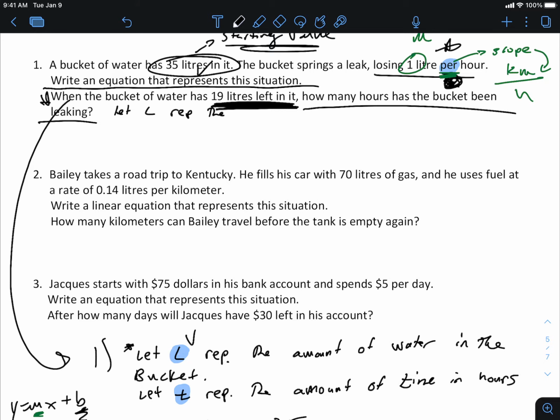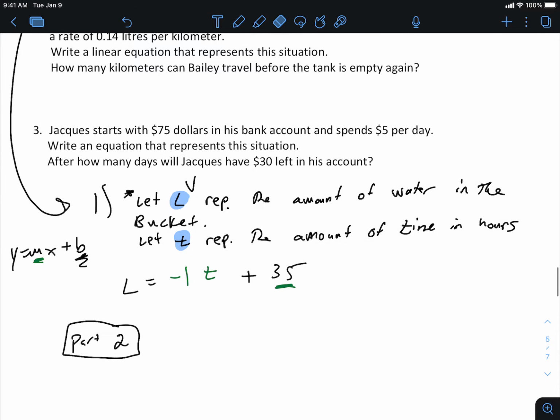That's what we're after. It told me something about liters. We know where liters goes. Liters goes on the left because I labeled it L. So you're saying, okay, 19 equals -1t plus 35.